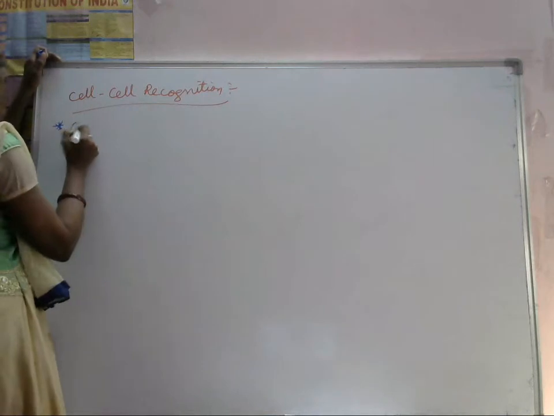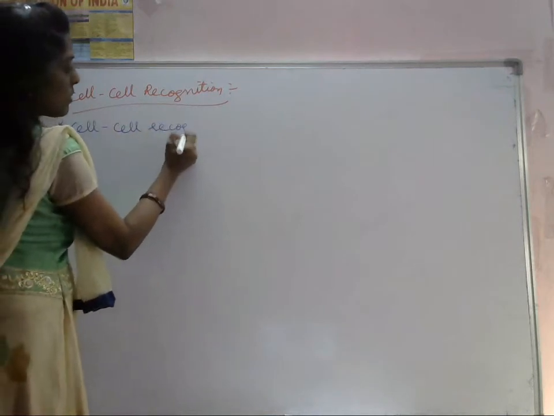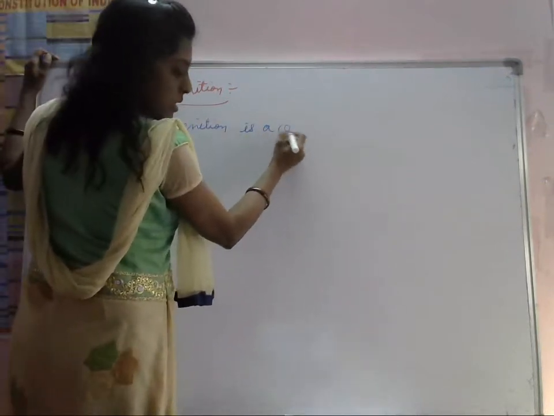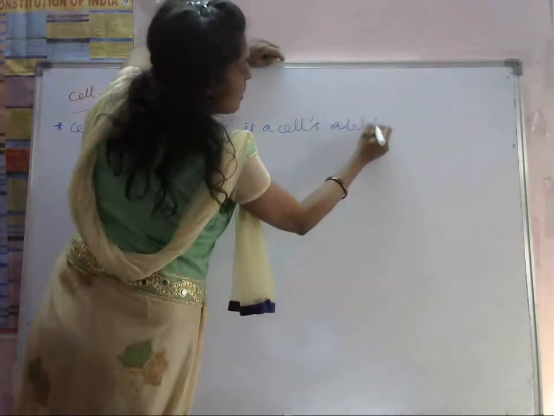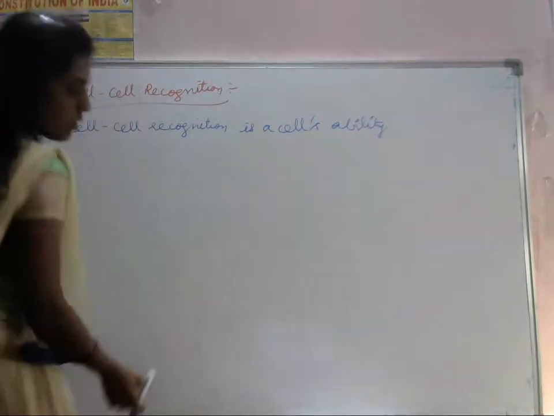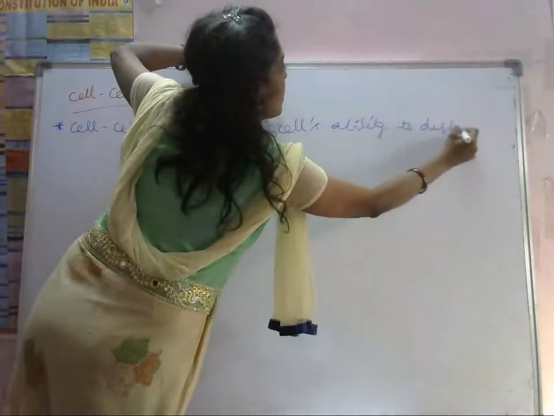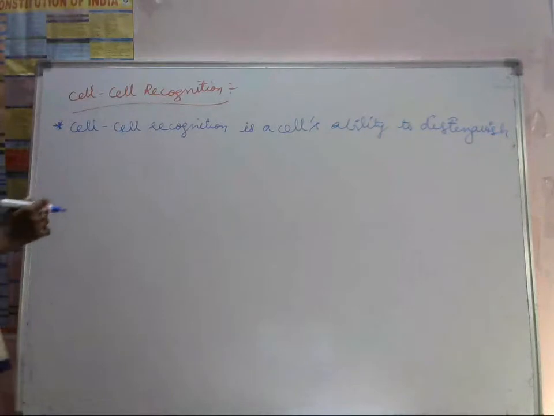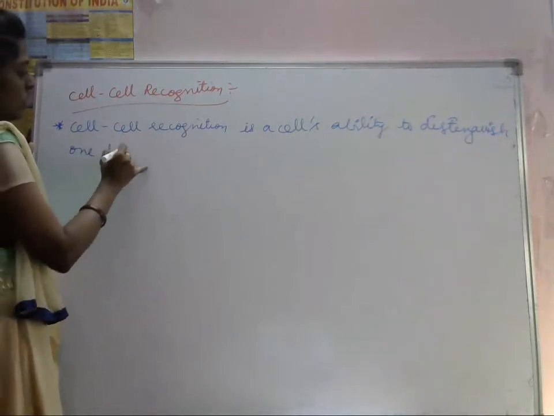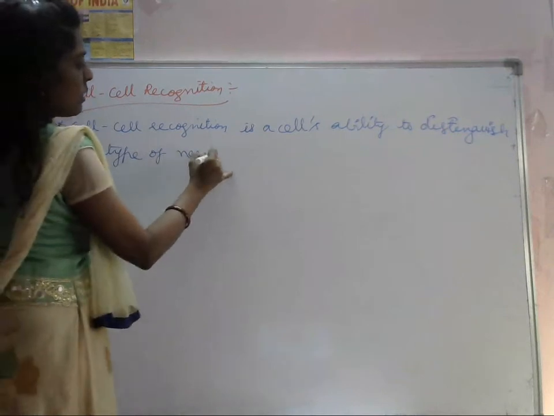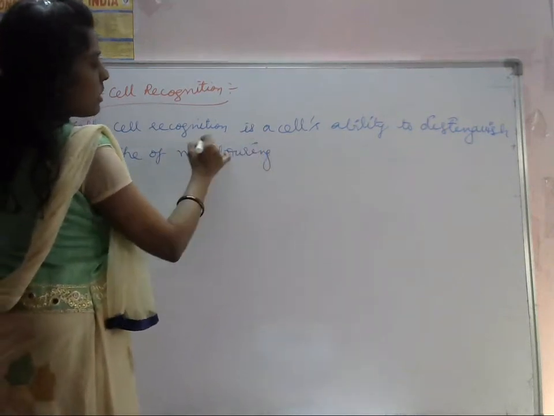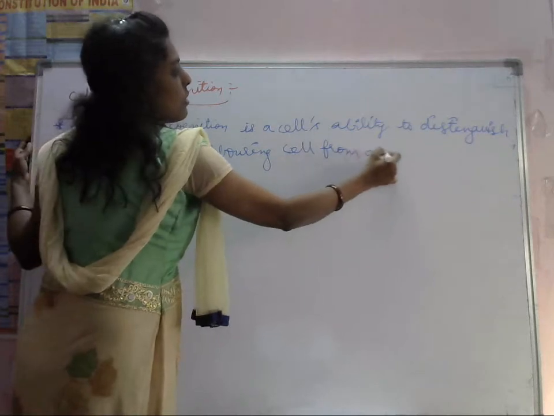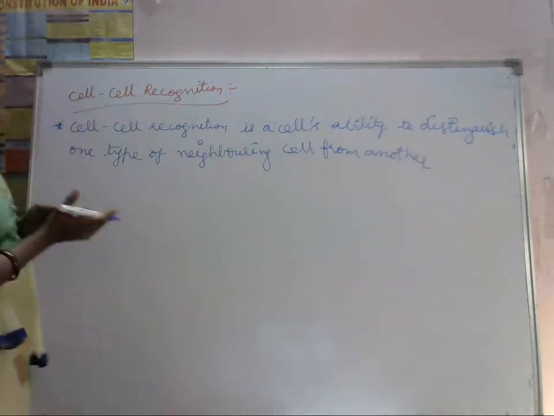Cell to cell recognition is a cell's ability to distinguish one type of neighboring cell from another. So it can distinguish whether it is the same cell or another cell.